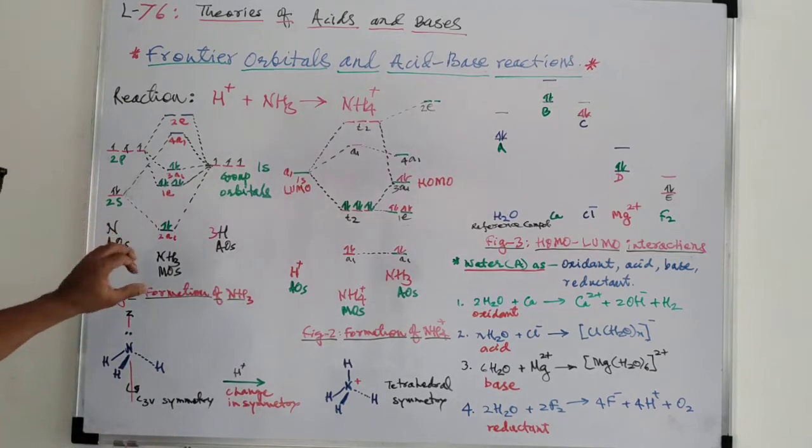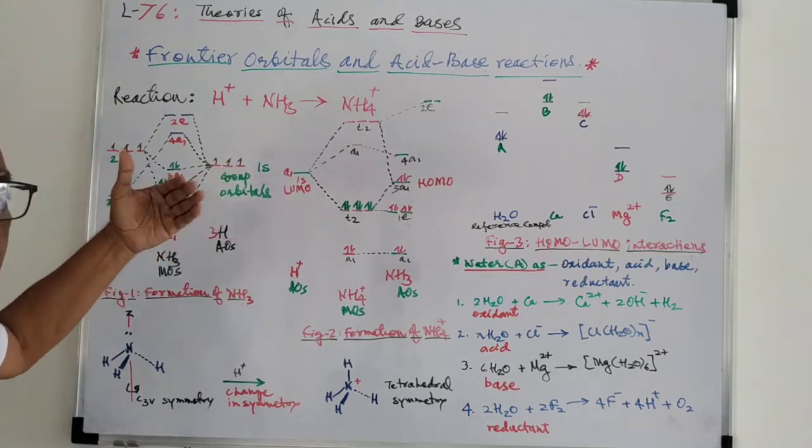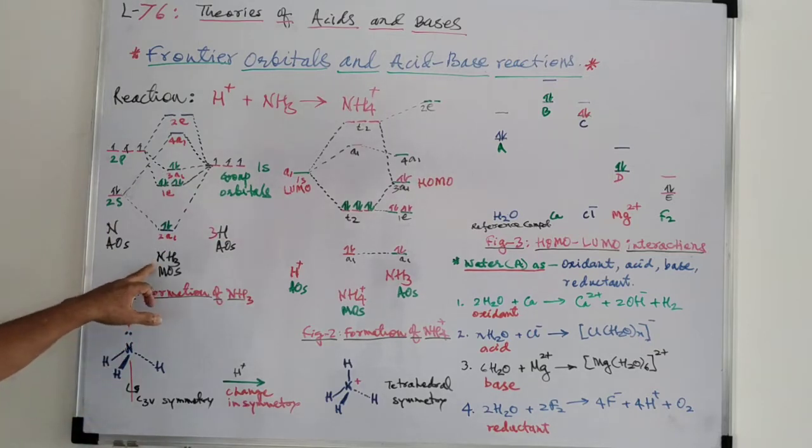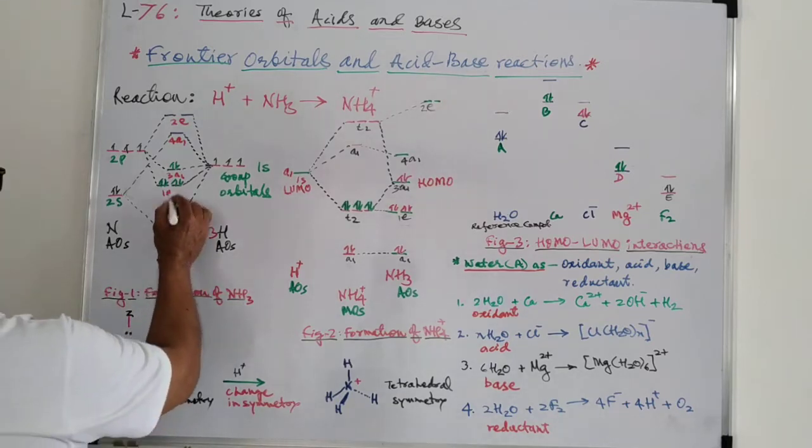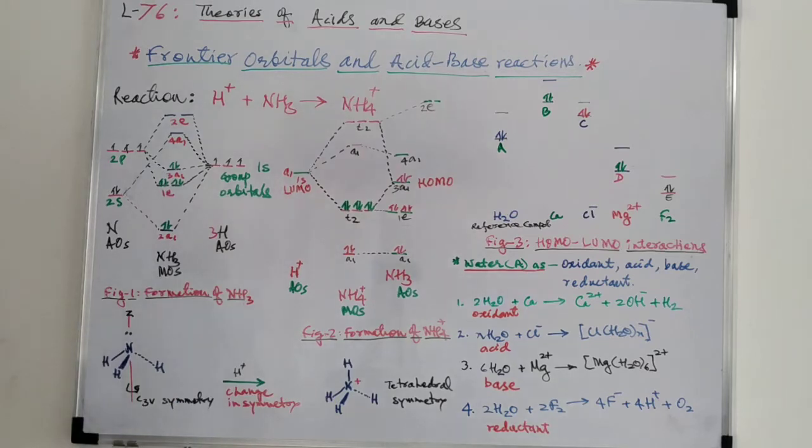So in order to see this, there is formation of NH3. There are 4 bonding molecular orbitals. Out of these, the first, lowest energy one is of A1 symmetry, and since it is formed from the linear combination between 2s and this 1s, it is named 2A1.